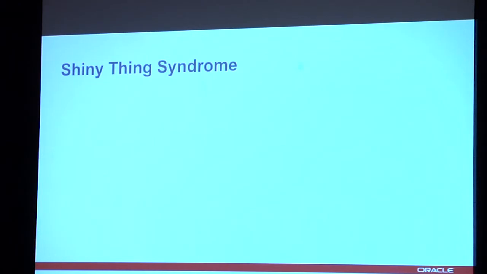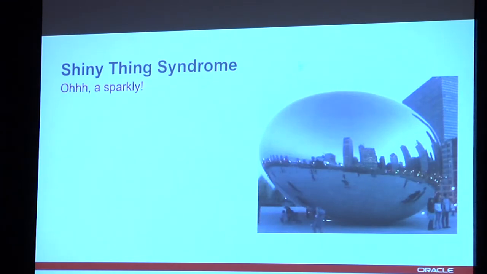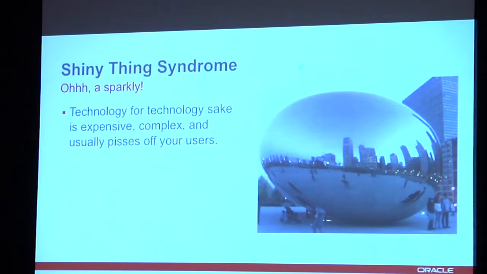And that approach is usually driven by the fact that you're all engineers, and you have this shiny thing syndrome, right? Where the big shiny thing comes across the screen, and we get distracted by technology. And technology for technology's sake, for the advancement of something new, to change what we've had before, is not the right approach to do VDI.